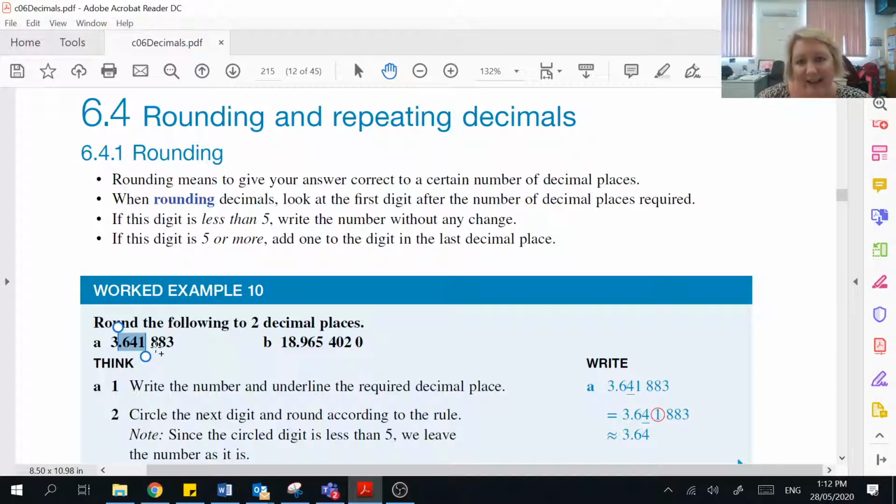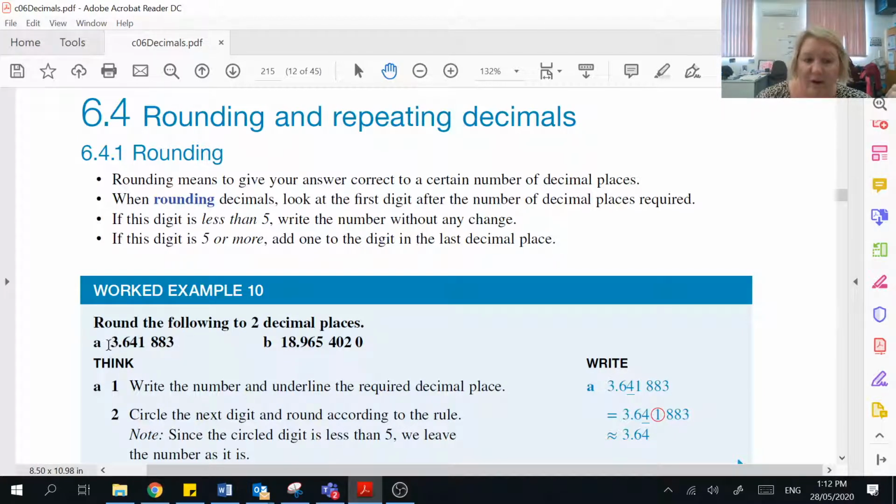So that's an 8. Now, if that's 5 or above, that 1 is going to change to a 2, and if that's not 5 or above, so 1, 2, 3 or 4, then that will remain 0.641 as it is. If I'm going to 3 decimal places, that would become 3.642.